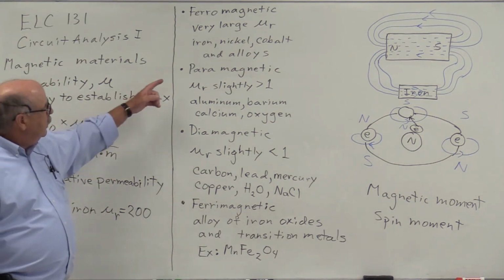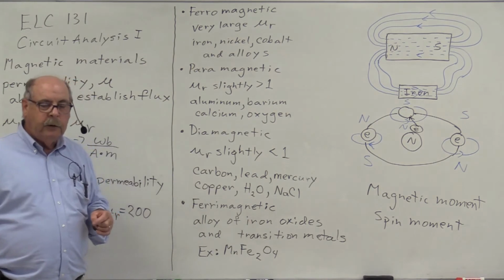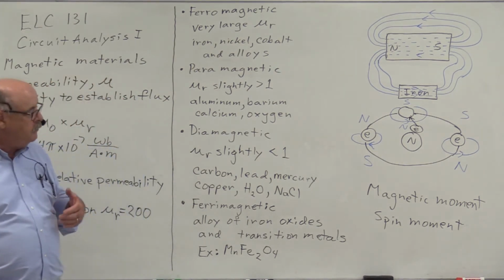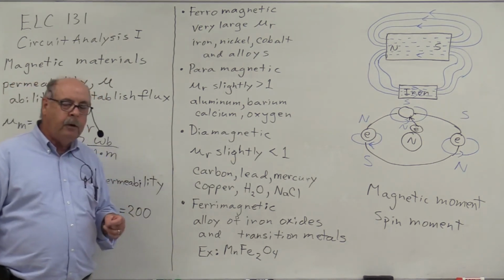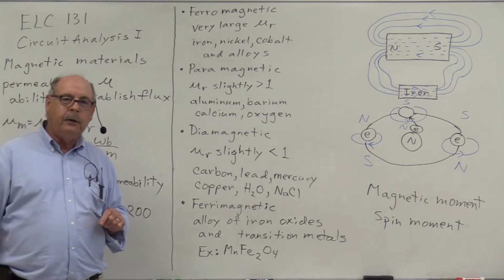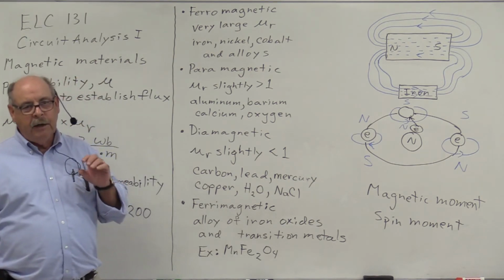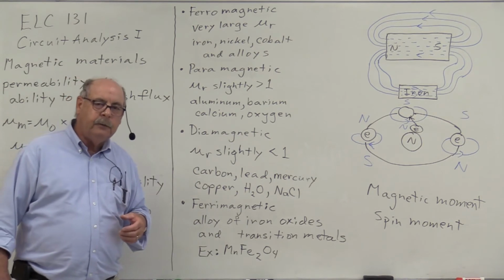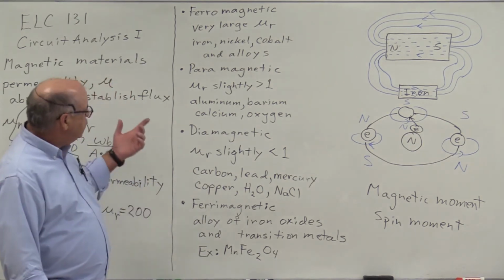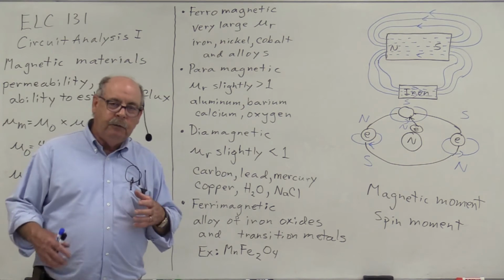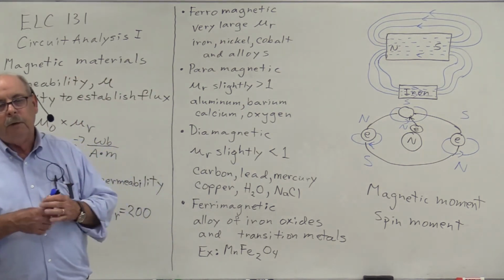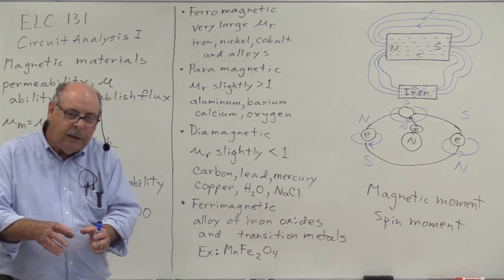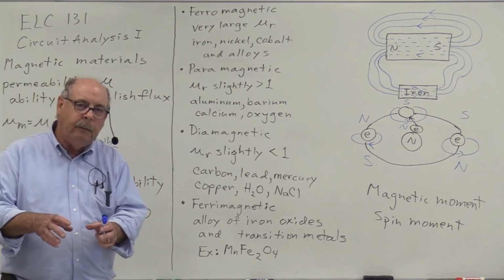Now, another category of materials are paramagnetic materials. And these are metals or elements or materials that have a permeability of slightly greater than 1. In other words, they are just very slightly attracted to a magnetic field. The best example is aluminum. If you've ever tried to pick up aluminum with a permanent magnet, you would see that the aluminum is slightly attracted to the permanent magnet.